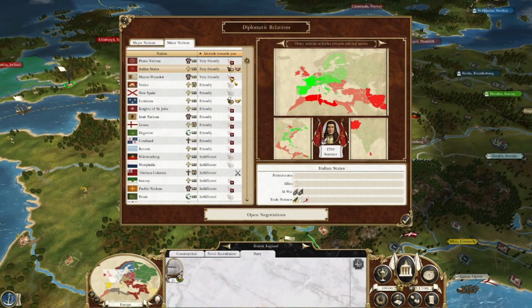But any countries with this X here mean that you can't trade with them because you don't have an available trade route, or because you don't have enough capacity, so you might need to build more ports, or possibly they don't have enough capacity to trade with you.